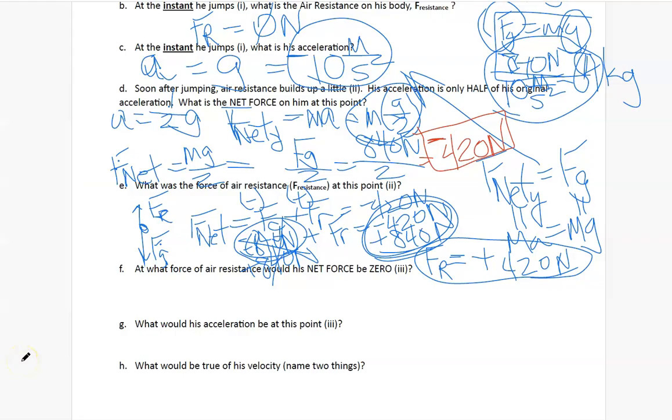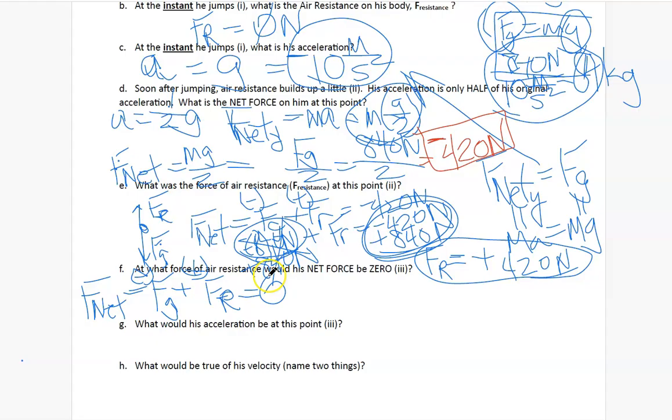Part F, at what force of air resistance would his net force be zero? Well, the net force is equal to the sum of his weight force, which is pointing down. I know I've written it in different ways here. It's the weight force pointing down plus the air resistance force pointing up.